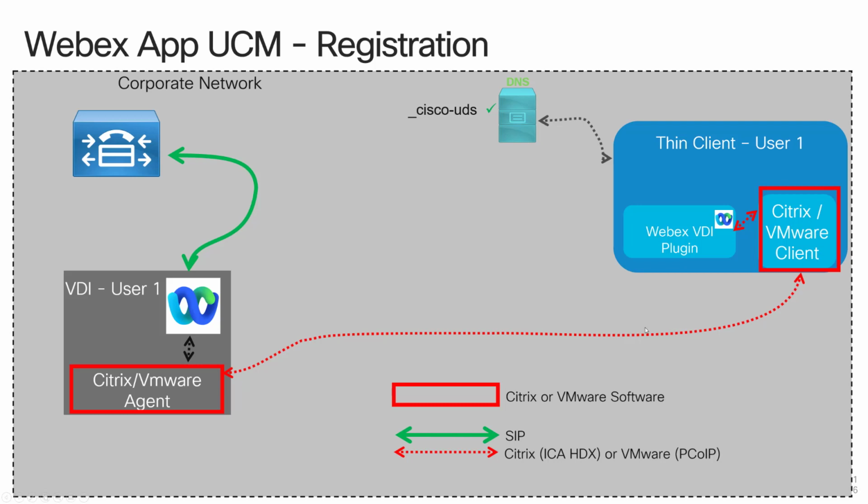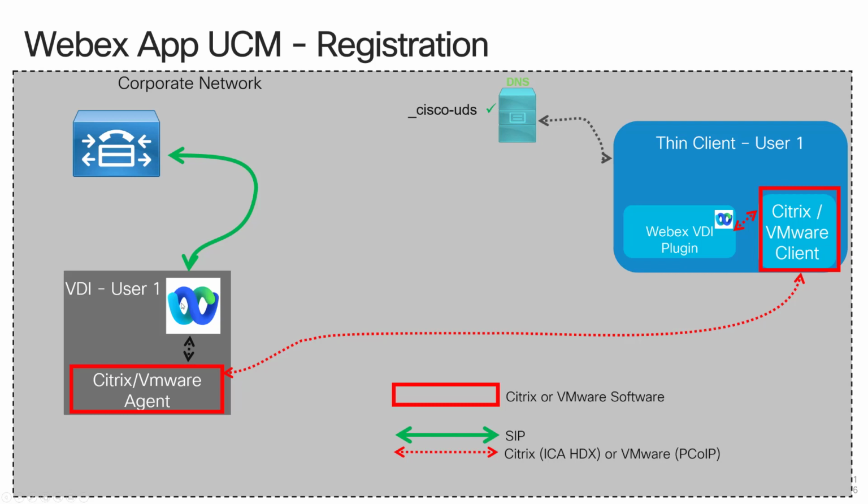That launches their virtual desktop session to their virtual desktop, using the display protocol. Once they are connected to their VDI session, they launch the Webex app. The Webex app will connect to the Webex service in the cloud, not shown in this diagram, and will authenticate, download configuration, etc.